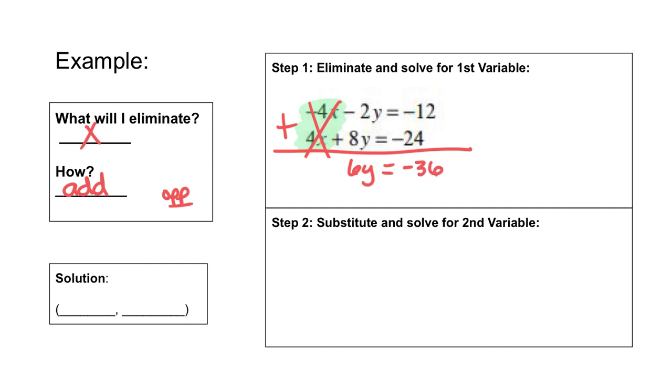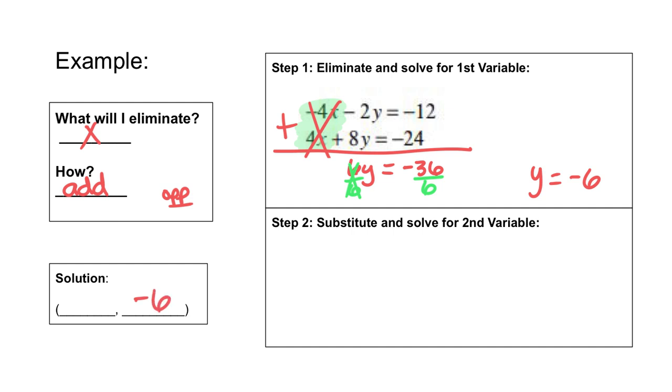If you're not friends with integers, that's okay. Just use a calculator. And so now I'm left with this cute little one-step equation, and all I have to do to finish it is divide both sides by 6. So that means that my y is going to equal negative 6, because negative 36 divided by 6 is negative 6. So negative 6 is the y value.